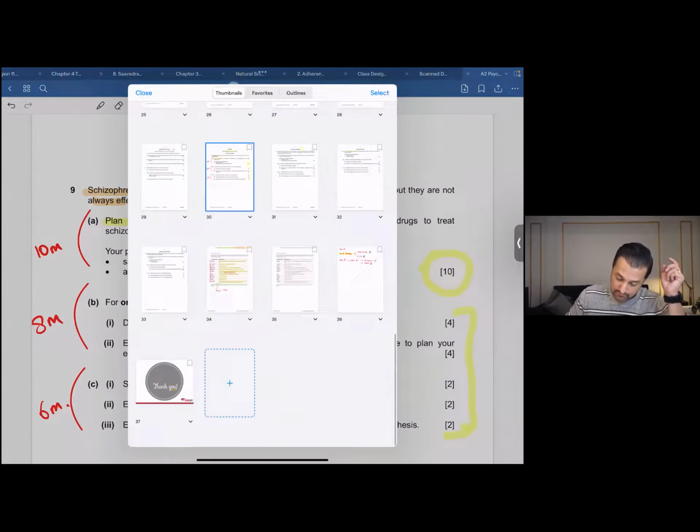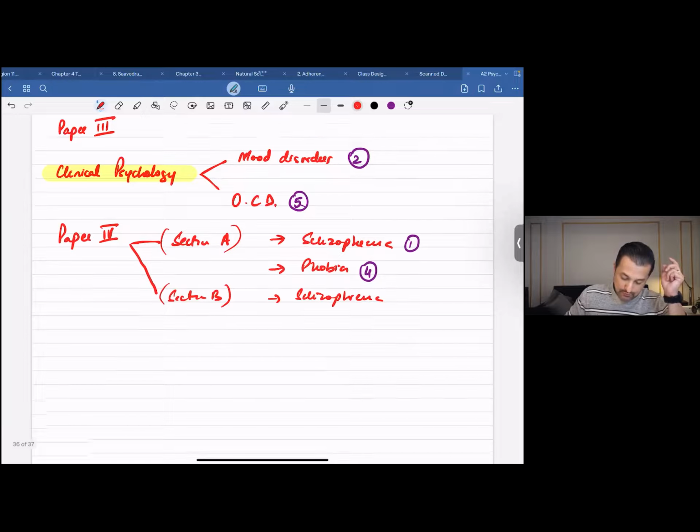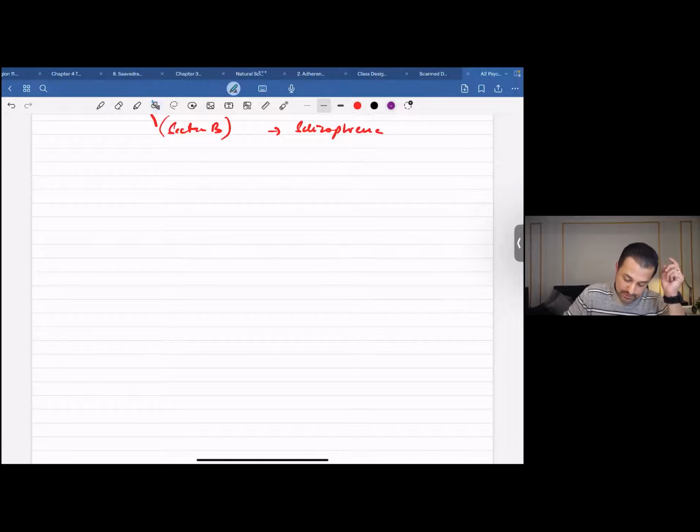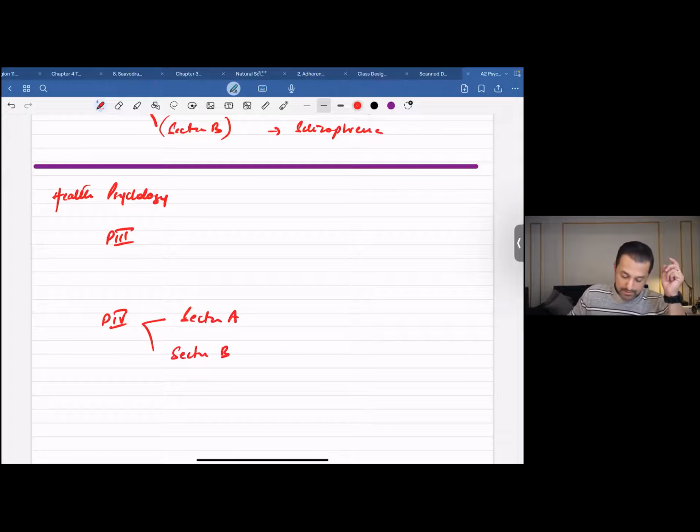Then let's move on to health psychology. Initially we talk about paper 3, then paper 4, section A, and paper 4, section B.